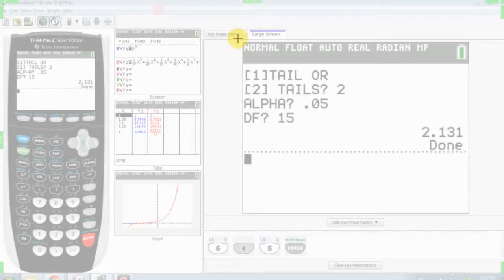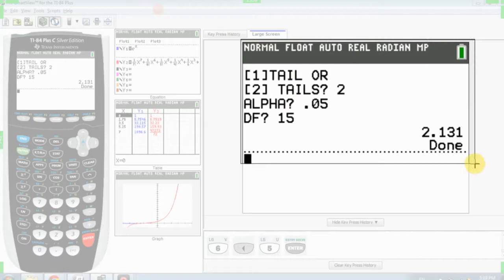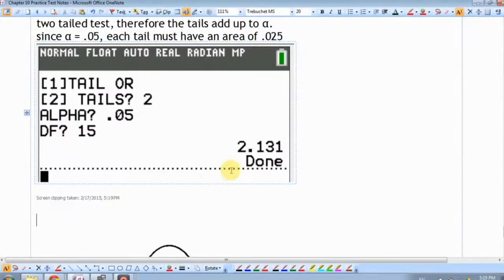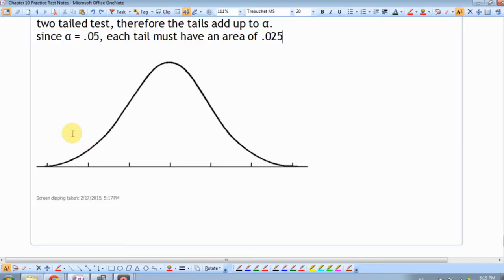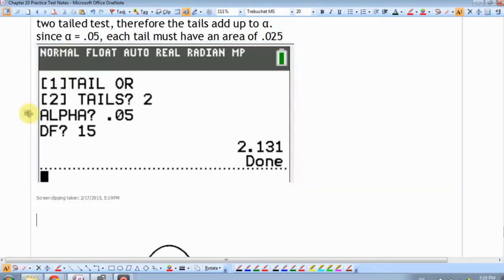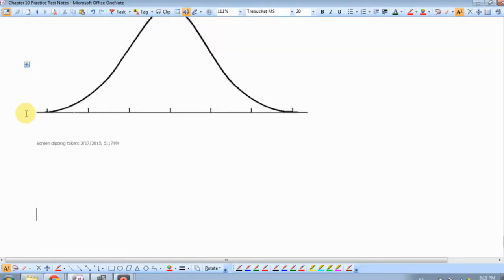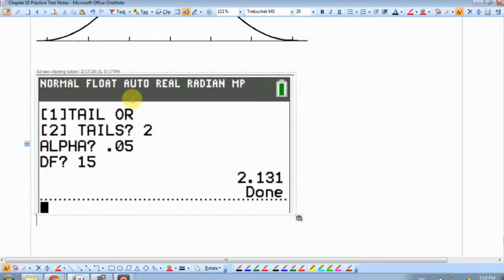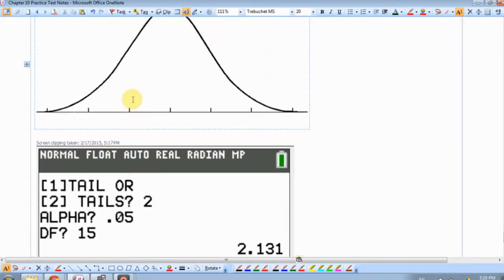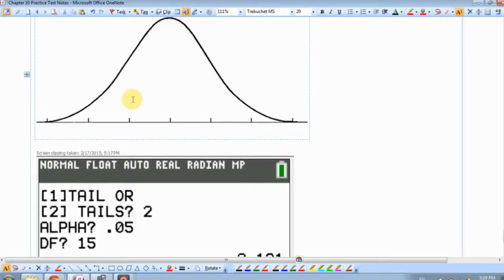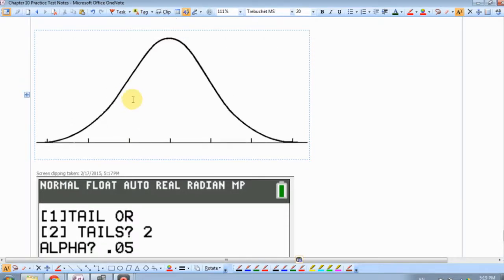Would you divide that by 2 or would you just leave it? Nope. 2.131. So this would be my 0 right here, right in the middle.